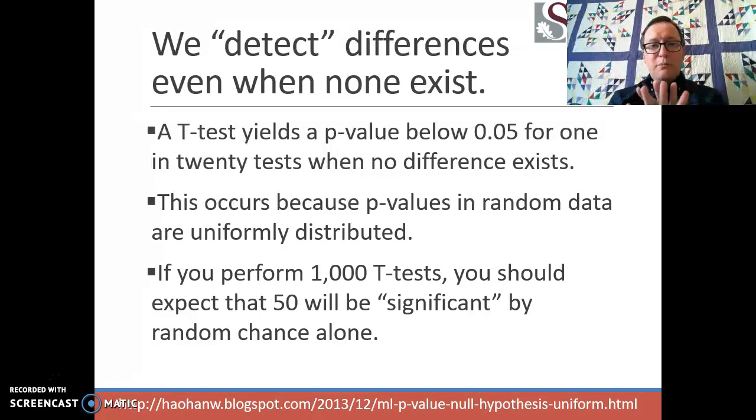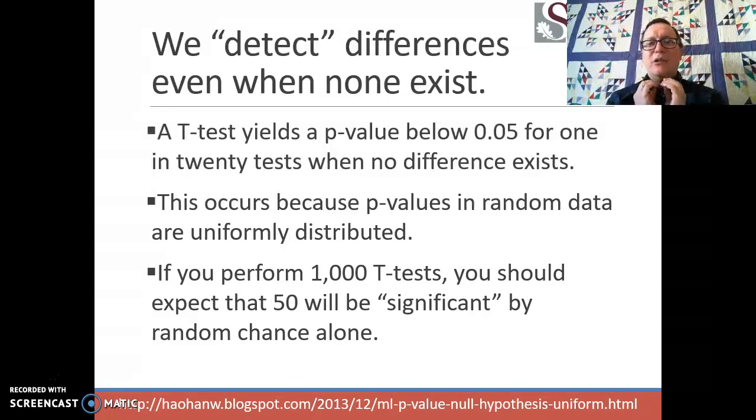When a t-test gives you a p-value below 0.05, it's saying that 1 in 20 times we would expect by random chance to get a t-statistic more extreme than this. So, its declaration is not to say, yes, I validate that a difference exists.